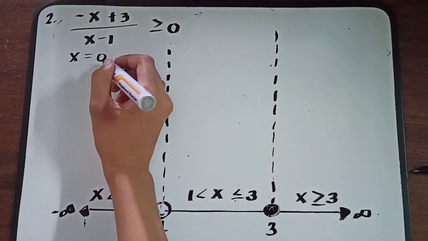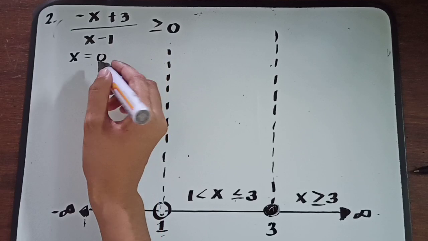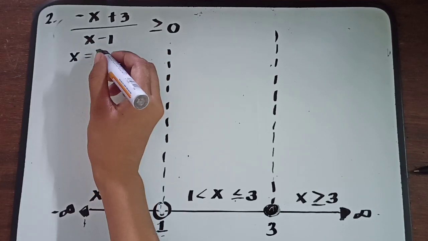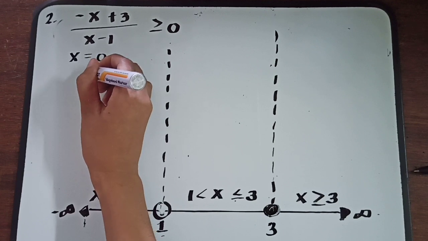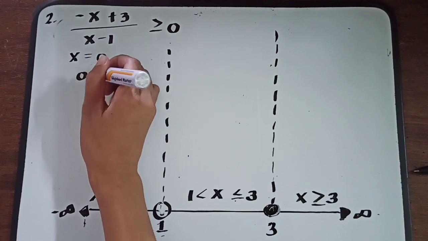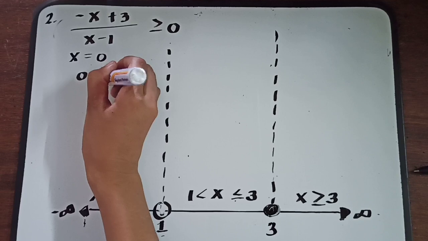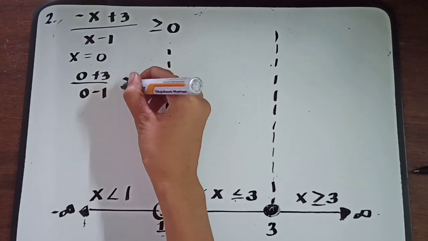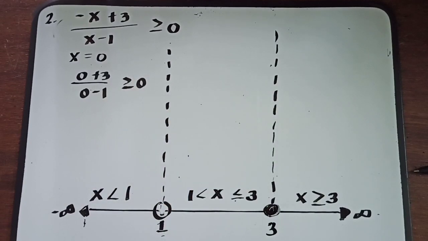So, if x is 0, so just substitute the value of our x in our given inequality. So, that is negative 0 or 0 plus 3 over 0 minus 1 is greater than or equal to 0.